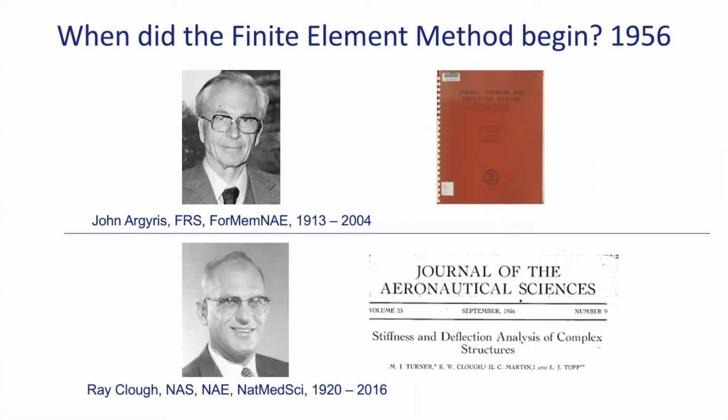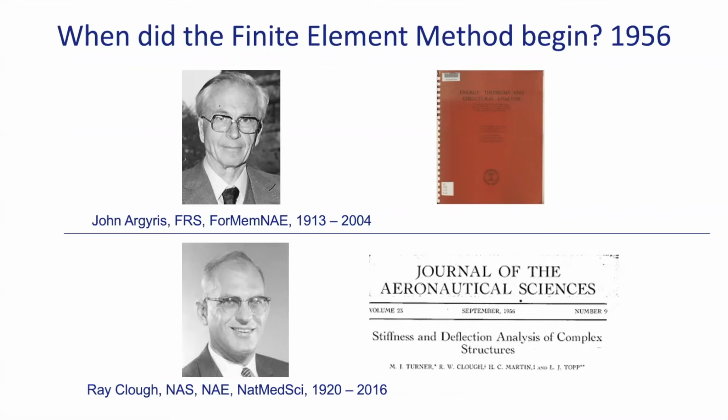But John Argyris, who was at Imperial College in London and then at the University of Stuttgart in Germany, where he had an enormous institute, 150 people working for him. And he was on the case.